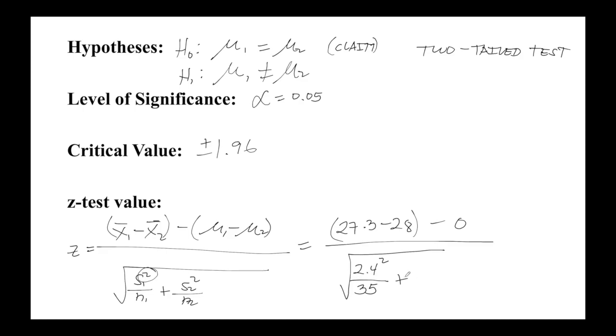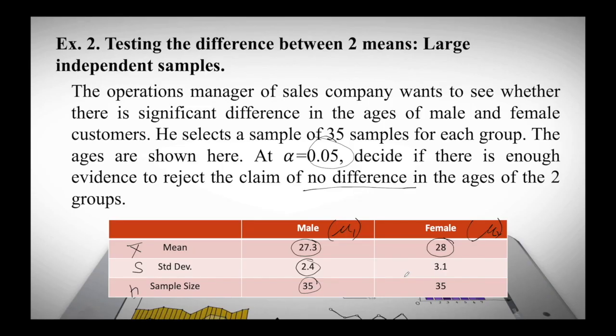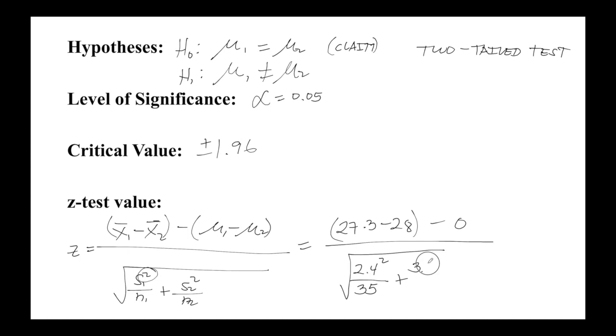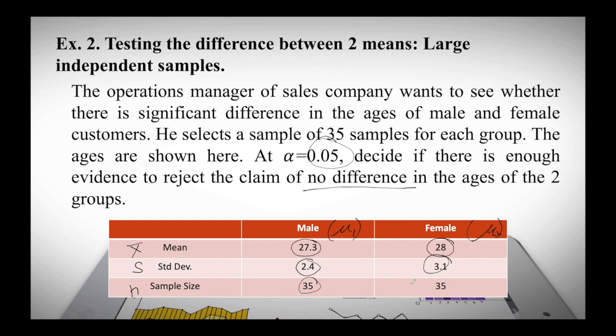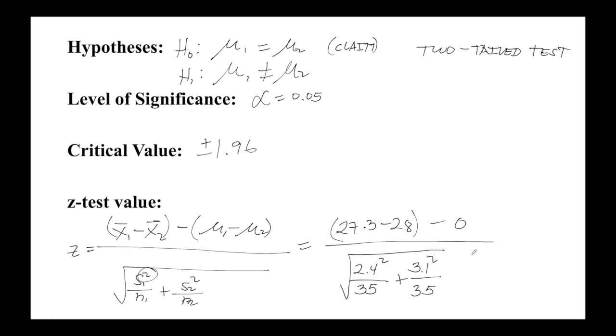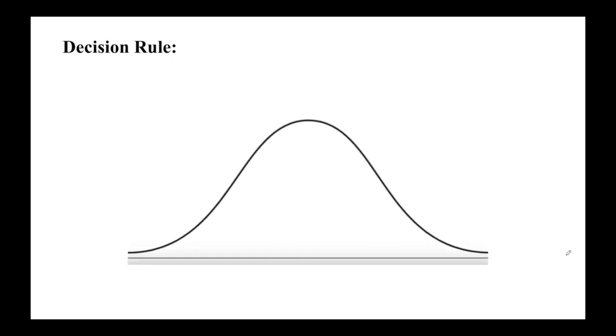Plus, we have S sub 2, the female standard deviation, 3.1, squared, over the sample size for the female data set, which is 35. Upon computing on the calculator, just directly input this. It will give you an answer of negative 1.056.